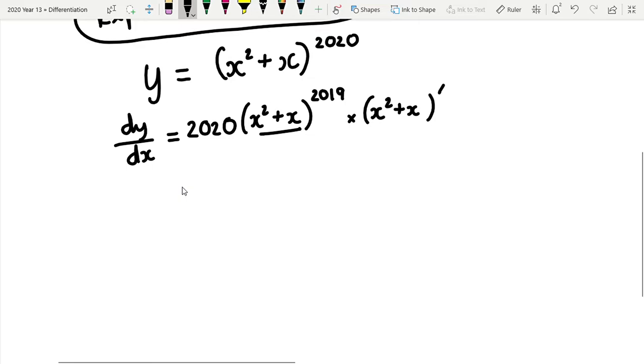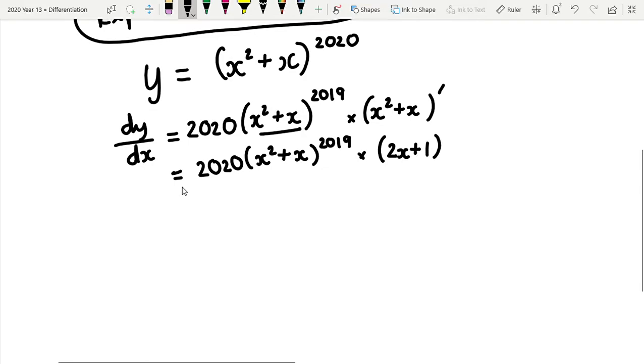So if we put them together, we keep this because this is what it is: 2020 times x squared plus x to the power of 2019, and then times, when I differentiate x squared, I have 2x, and when I differentiate x, I have 1.